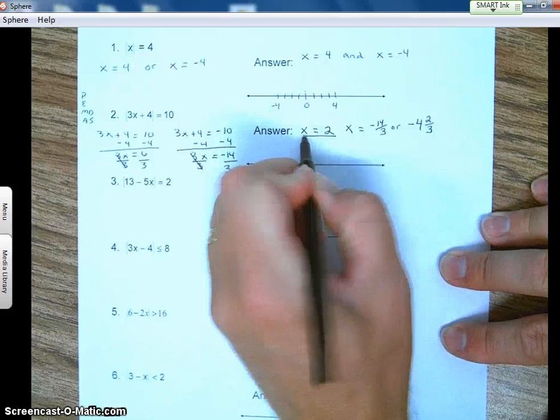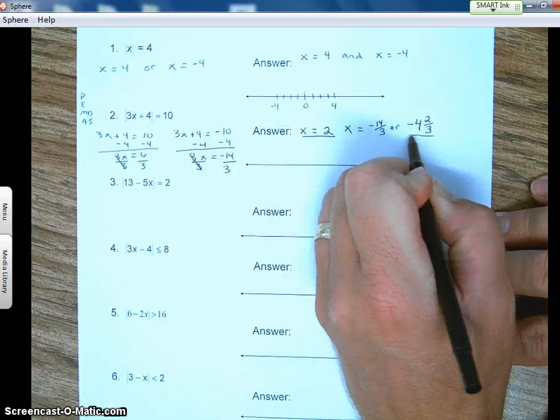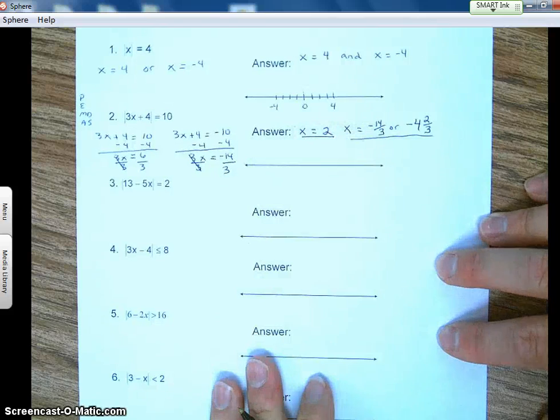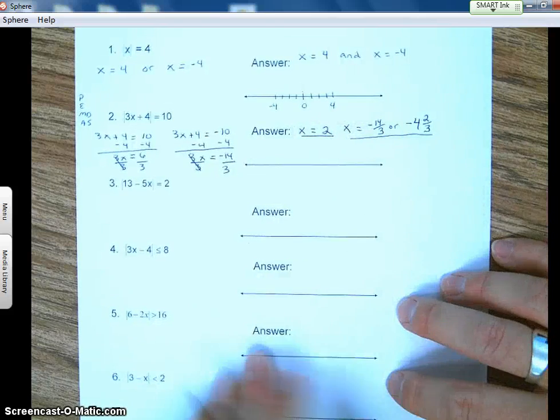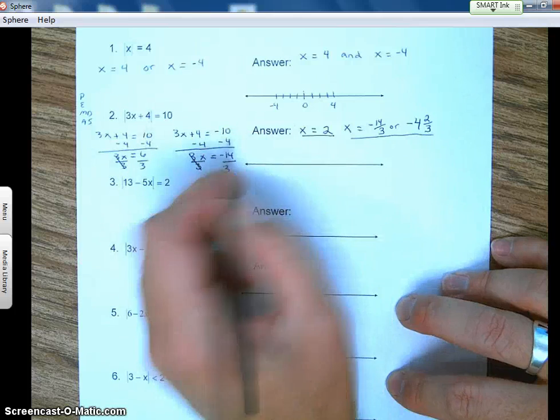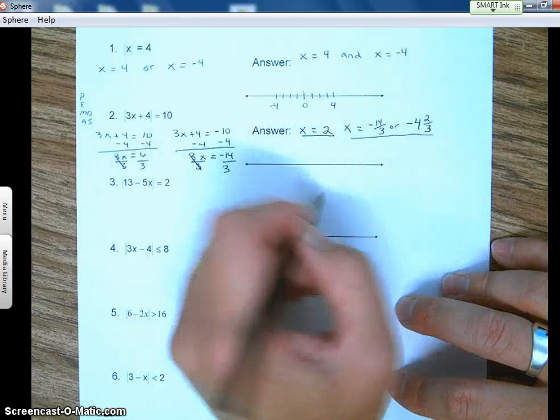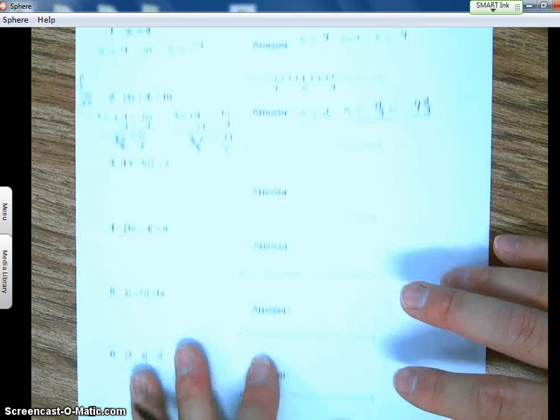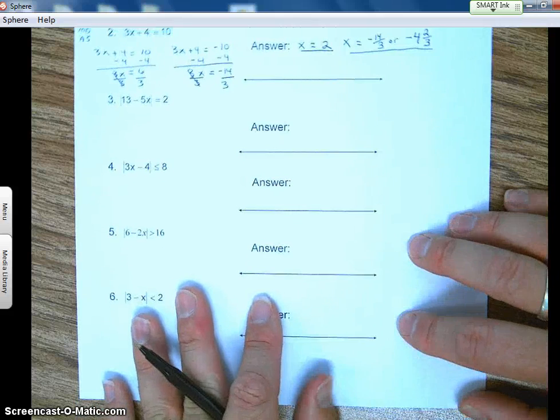So there are your answers. And we could graph those answers on a number line if we wanted to.